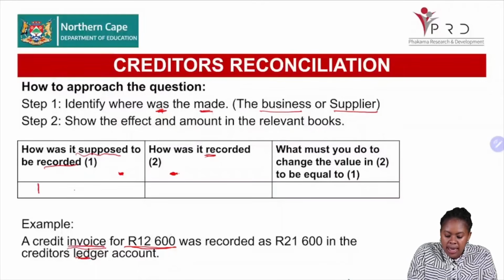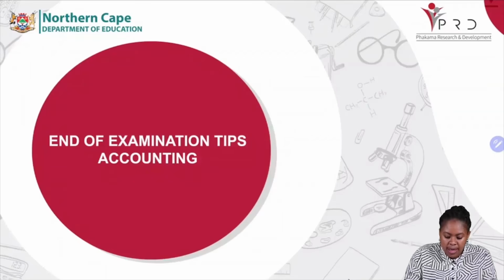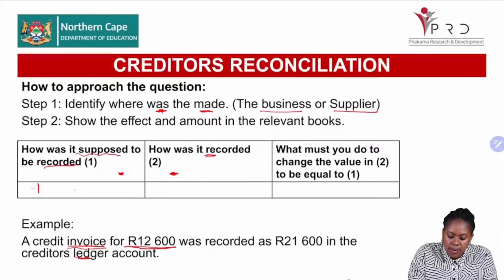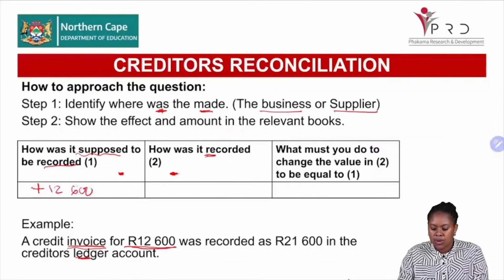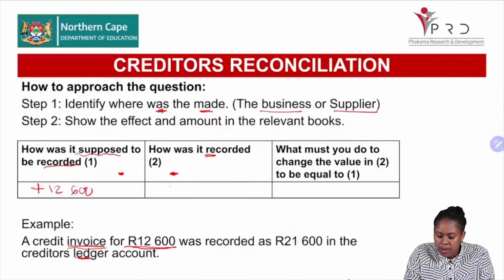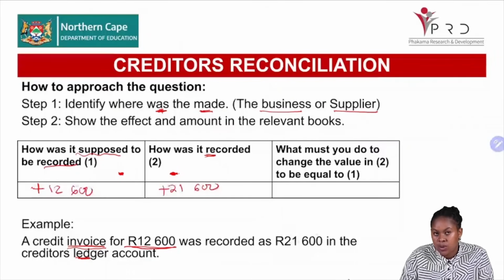We were supposed to add 12,600. Instead of doing that, what was the wrong thing that we did? We recorded a positive 21,600, as you can see.